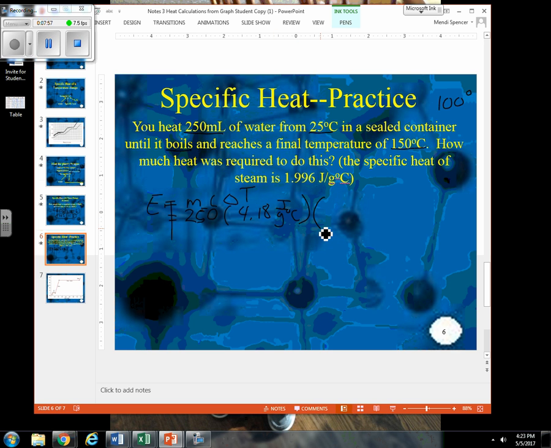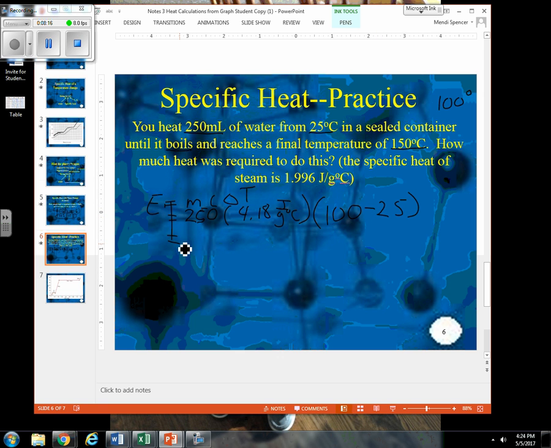And we are looking at that temperature change up until that water becomes a gas. So we are looking at the temperature change between 100 degrees Celsius and our initial temperature of 25.